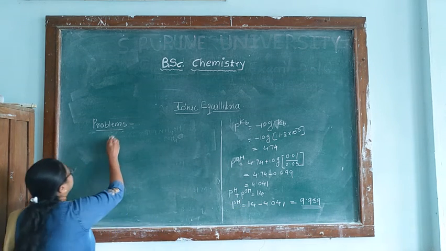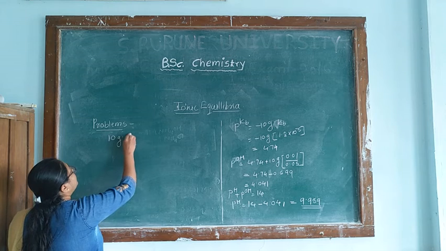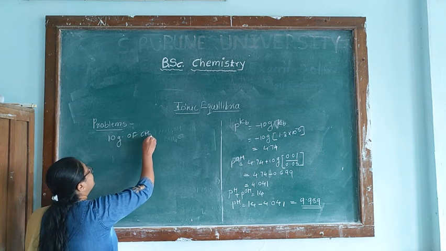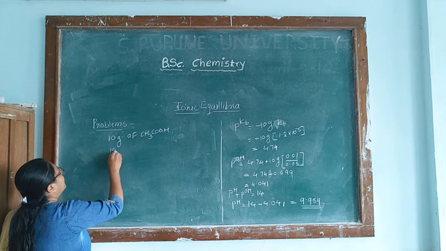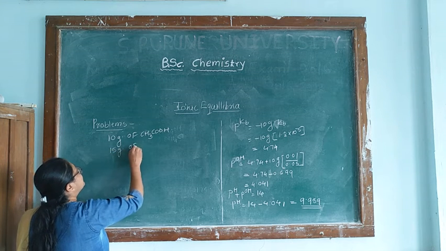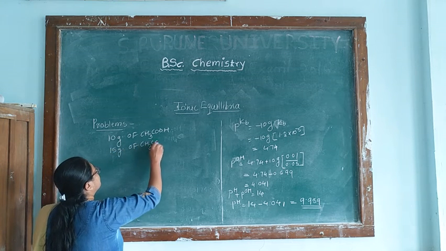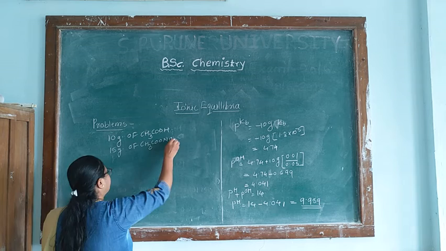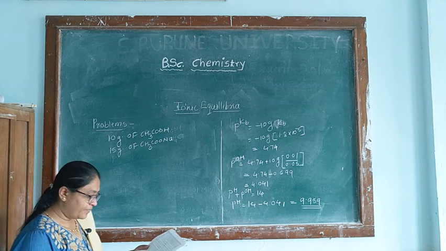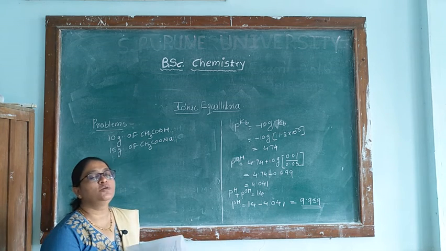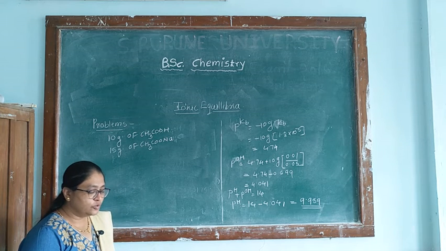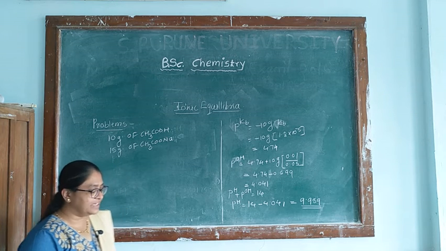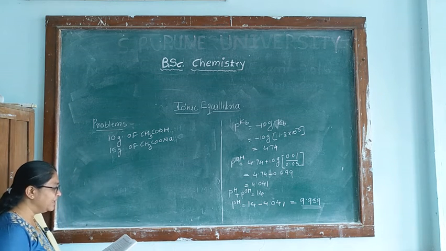Now directly we have been given the weight of the acid and the salt taken. 10 gram of acetic acid and 15 gram of sodium acetate are taken, making the volume of the solution 1000 ml. That means a liter of solution is made.